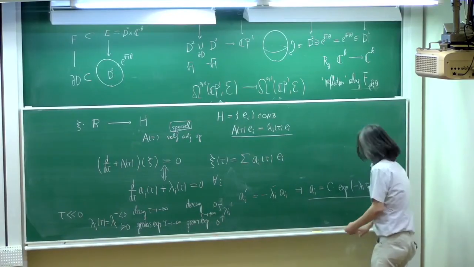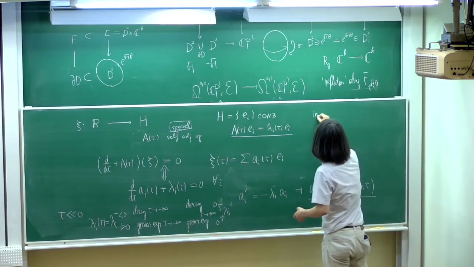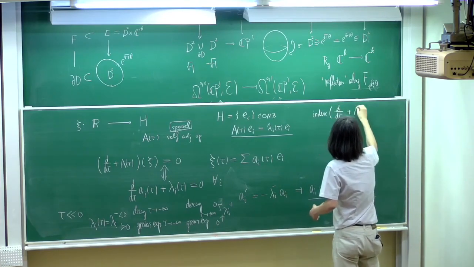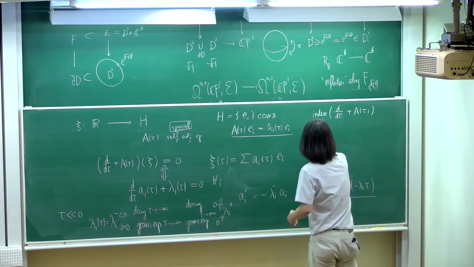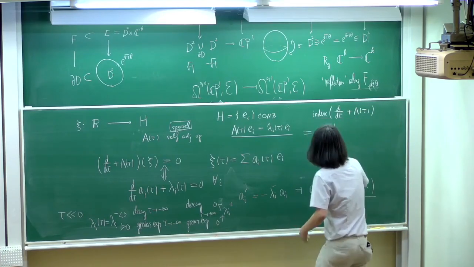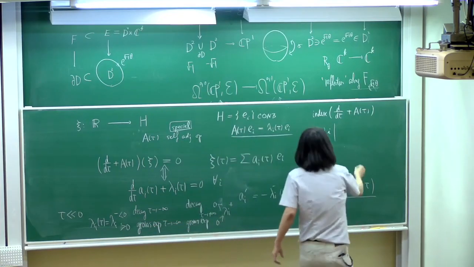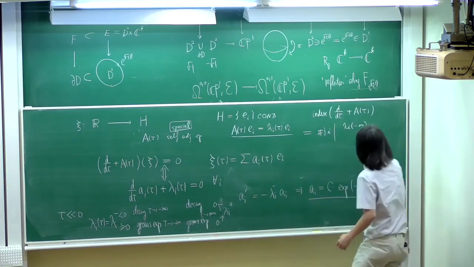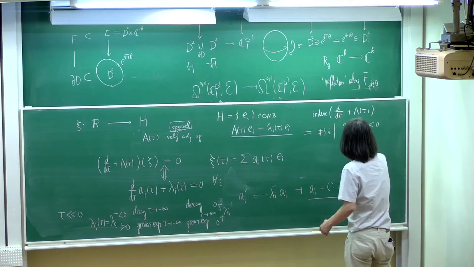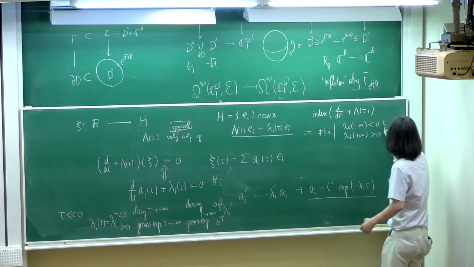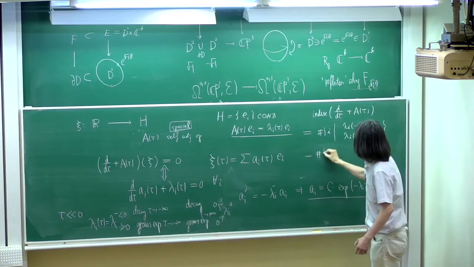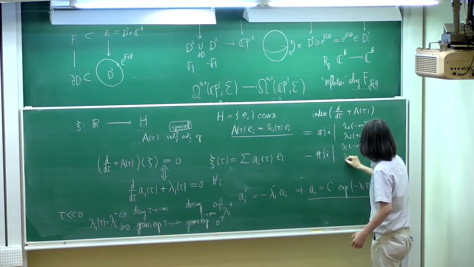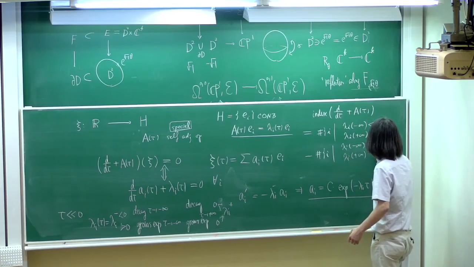So therefore, we can say the following. The index of this d/d tau plus A(tau) is equal to the number of i such that lambda_i goes from negative to positive, minus the number of i such that lambda_i goes from positive to negative.